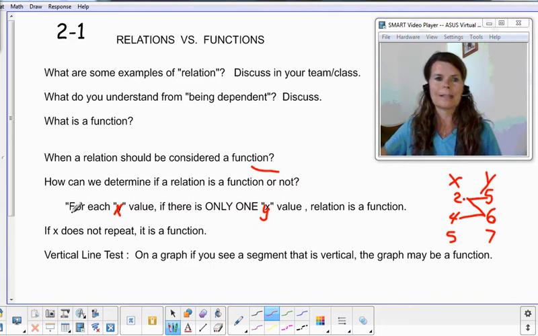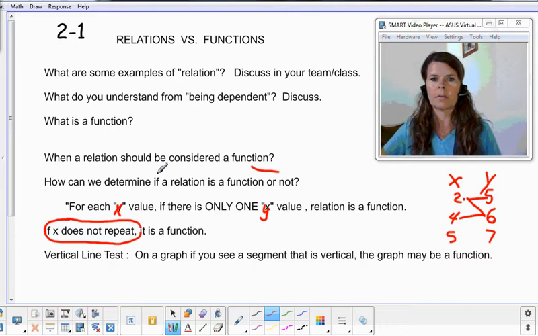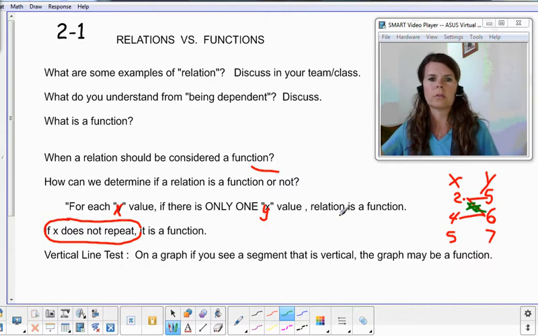The x's cannot repeat. So for each x value, it can only have one y value. So if it was a function, this could not happen. It couldn't go 2 to 5 and then 2 to 6. It could only go 2 to 6 or 2 to 5. So I'm just crossing this out. Okay, so that could not happen if it was a function.